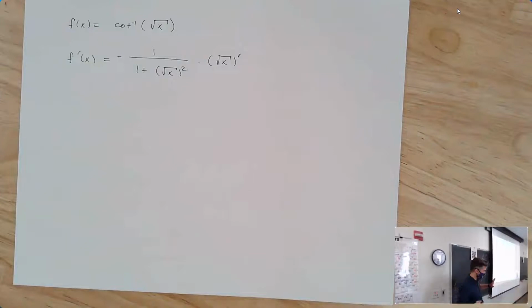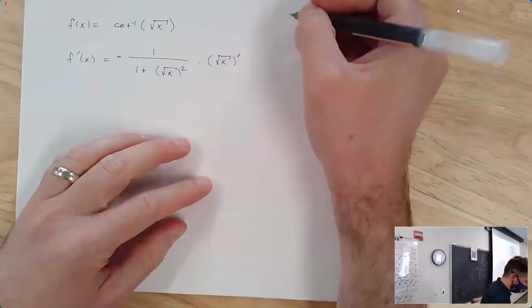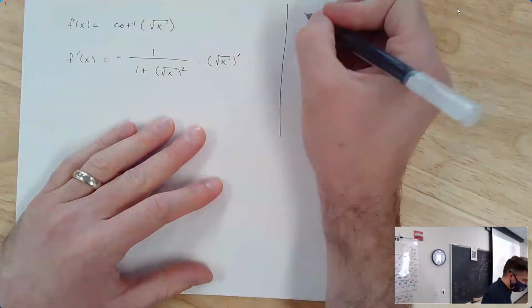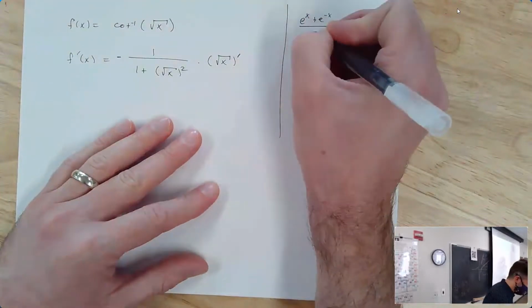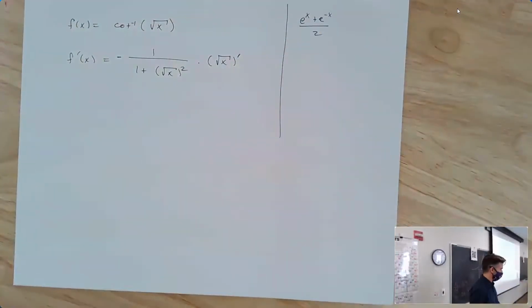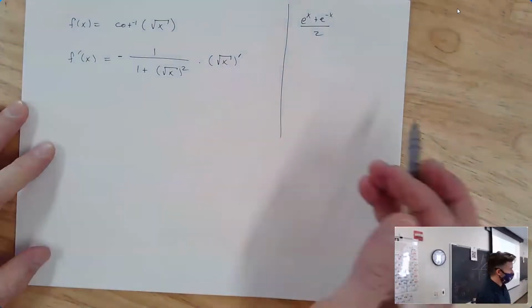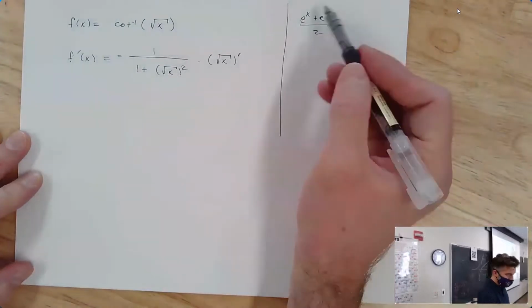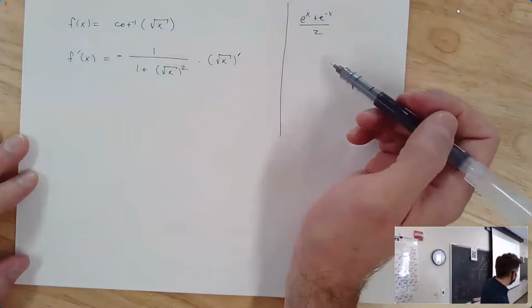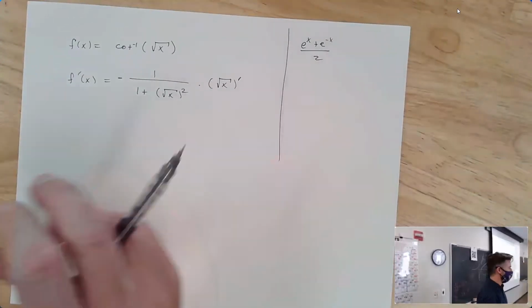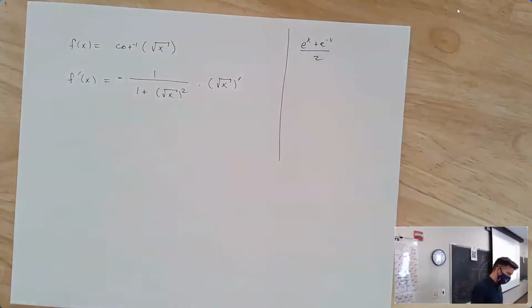They might not have just said they're hyperbolic trig functions. If you've seen something like e to the x plus e to the negative x over 2, you have seen a hyperbolic trig function. They just didn't call it that, which is okay. You don't have to know the names to still deal with it. If you haven't seen this, don't worry about it. But if you have, we will definitely talk about it. We'll probably talk about it anyway, but we don't need to right now.